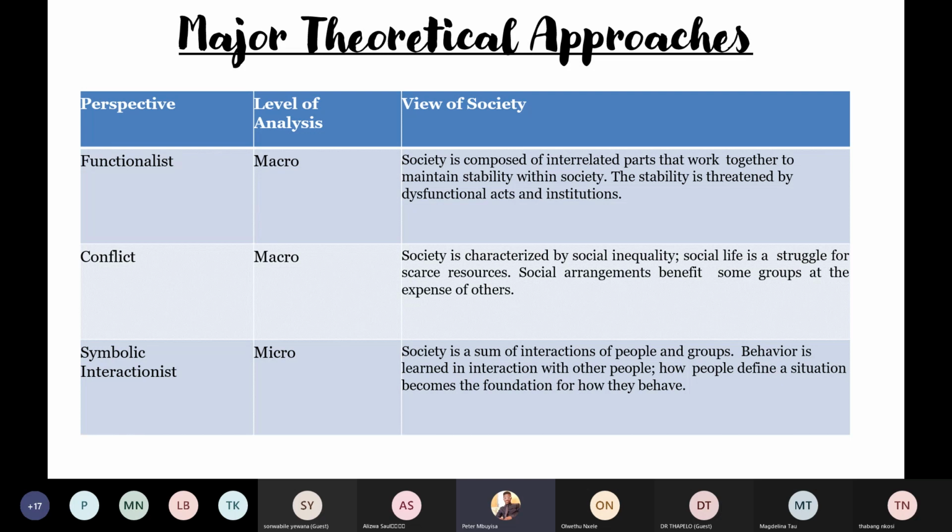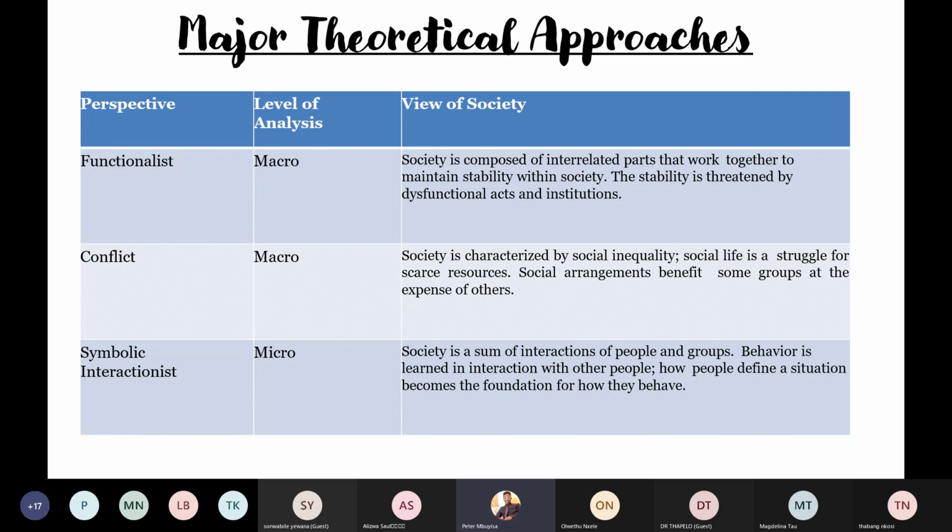So remember in maths, when we say the sum, we're looking at the addition of certain numbers, right? So in symbolic interactionism, we say that as much as there are broader perspectives that explain how society is structured, we need to also acknowledge that it is individuals that lead to the formation of these broader institutions and systems and interactions thereof.